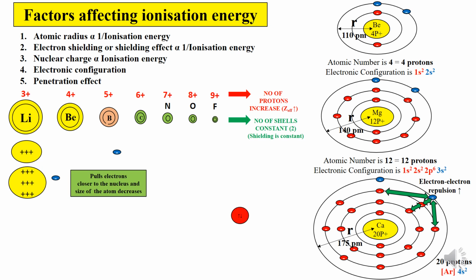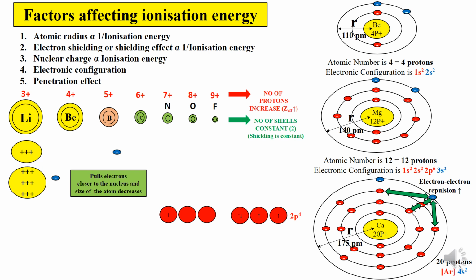So as the number of shells increases, the core electrons also increase, and this leads to shielding. Each shell acts as a shield, and as the number of shells increases, the shielding also increases, and as a result, the attraction between the positively charged protons and the outermost valence electrons decreases.